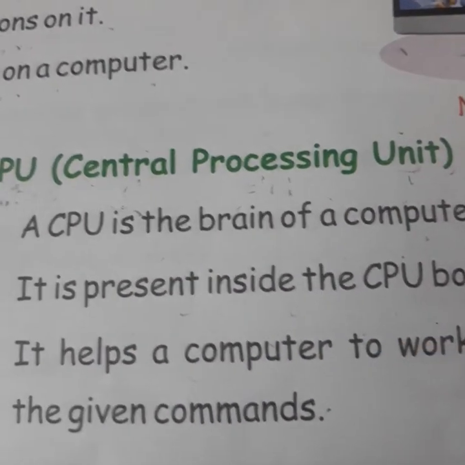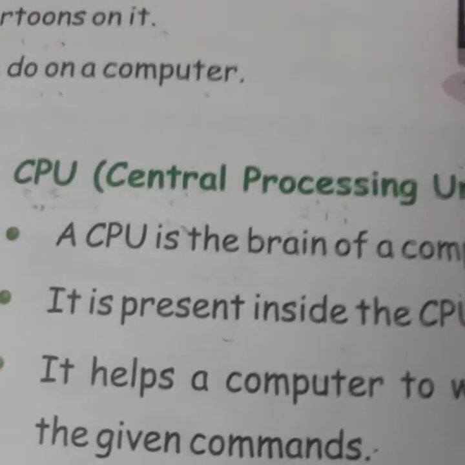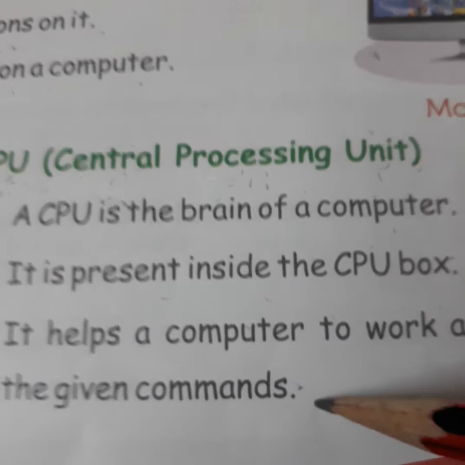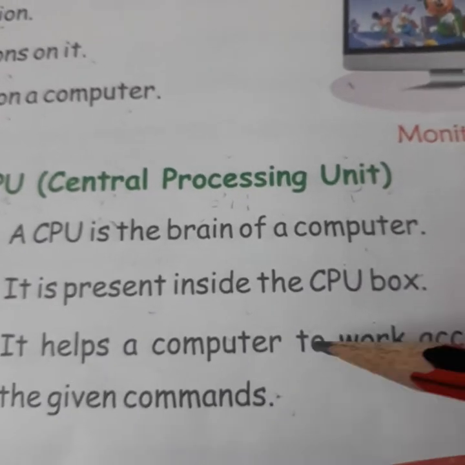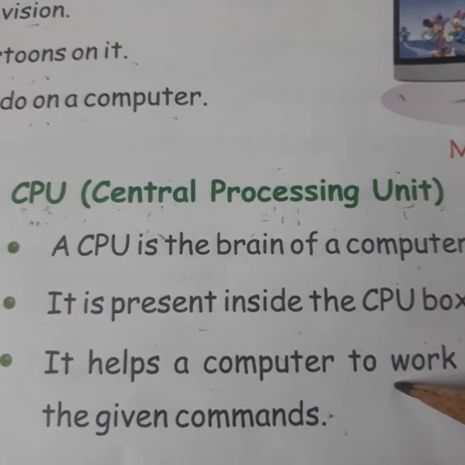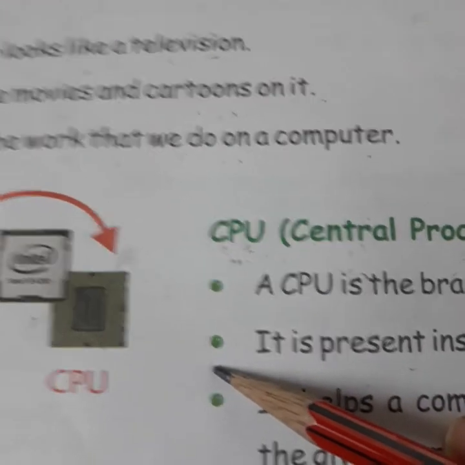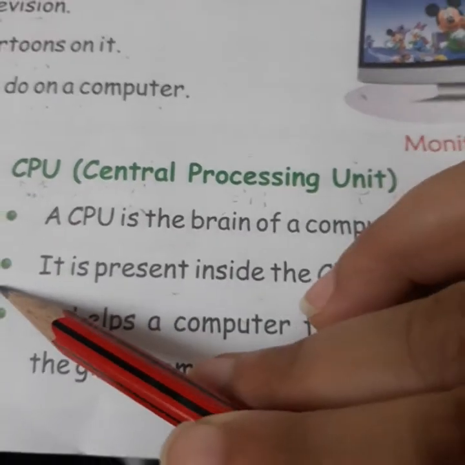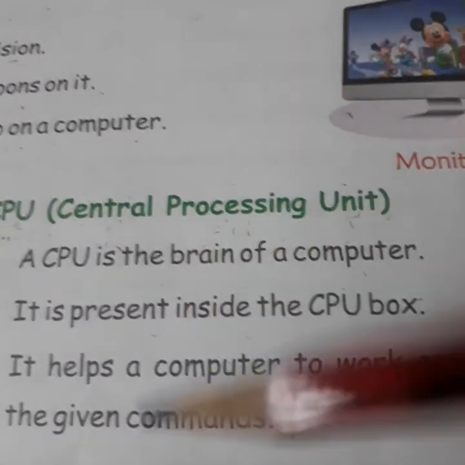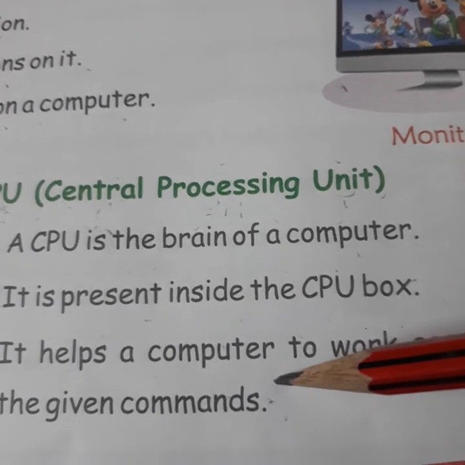Commands means orders. Whatever work we give the computer to do, whatever instructions we give, it helps the computer to work according to those instructions. Okay, so this is how the CPU is the brain of the computer, because it tells the computer what has to be done and how, what is the command given and how it has to be done.